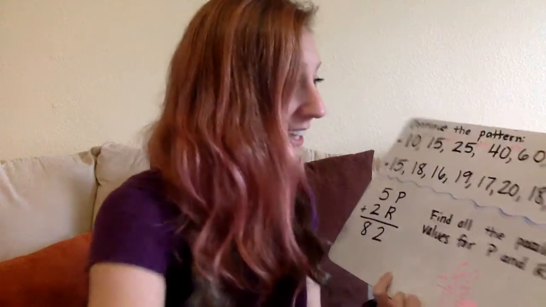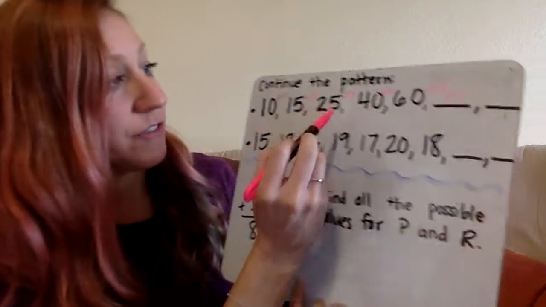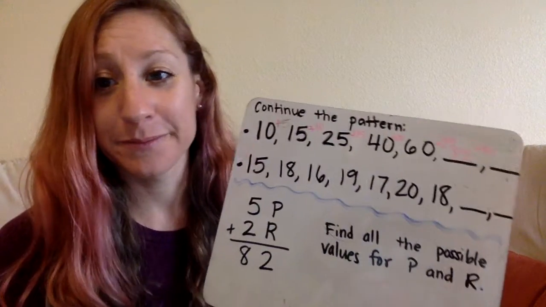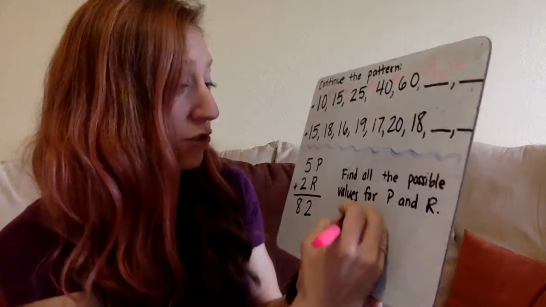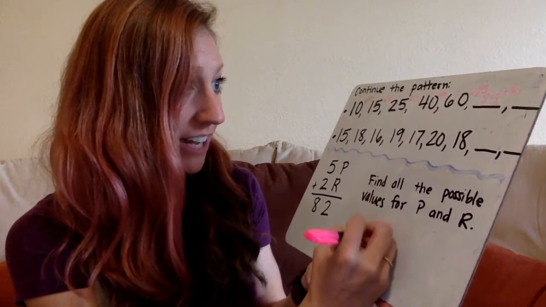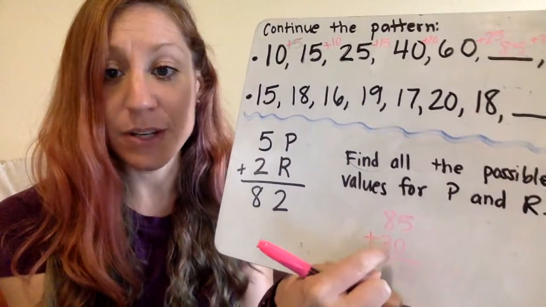Okay, next, we went up 5, 10, 15, 20, 25. We're going to add 30 to 85. So this gets really tricky because we haven't added up that high yet. So I'm going to show you. So 85 plus 30. So 5 plus 0.